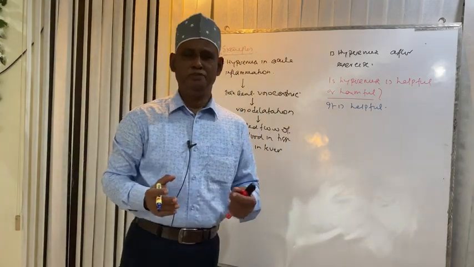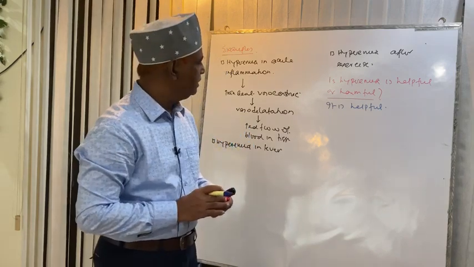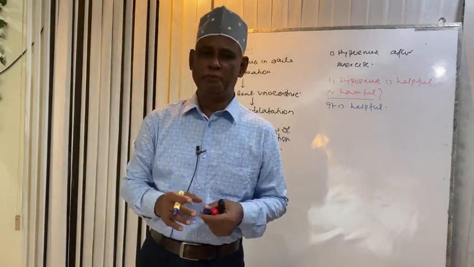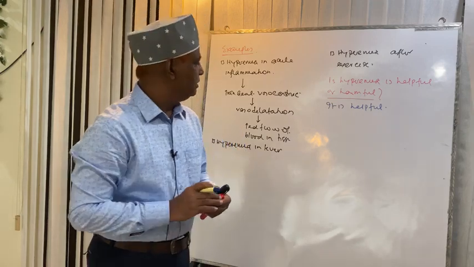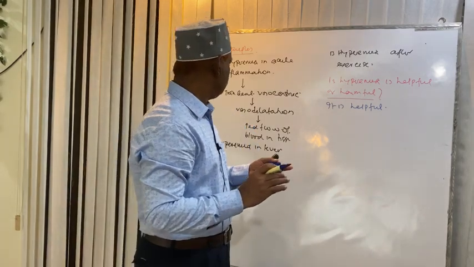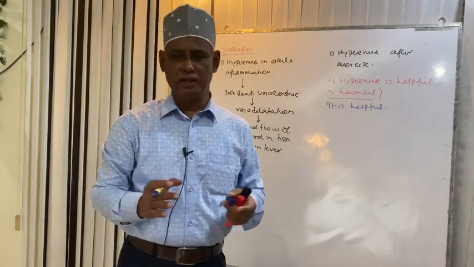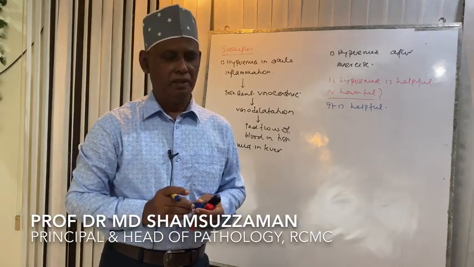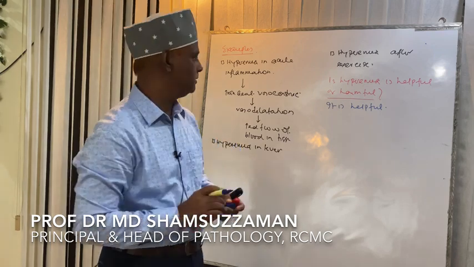You know, in fever, as there is hyperemia in the cutaneous blood vessels, there is radiation of heat from the blood into the atmosphere and a decrease of temperature, so it is helpful. In acute inflammation, as there is vasodilatation, and following vasodilatation there is increased flow of blood in the capillaries, and there is stasis of blood, and following stasis of blood in the capillaries, the cellular events of acute inflammation initiate, so it is helpful.